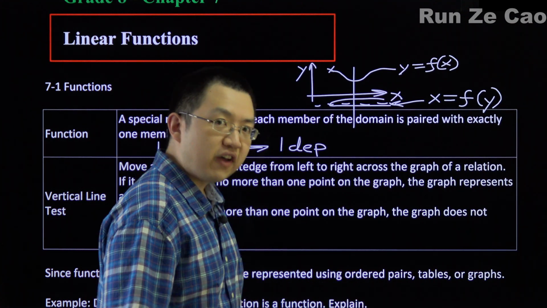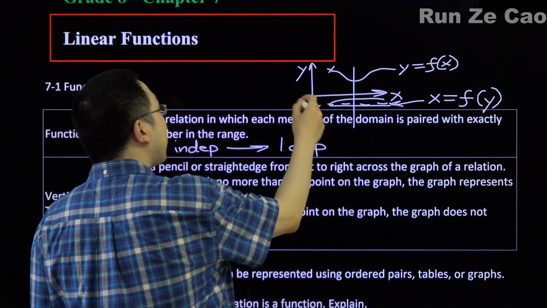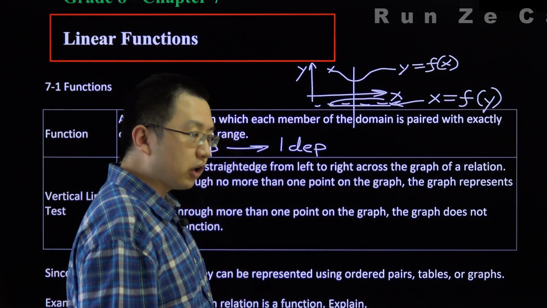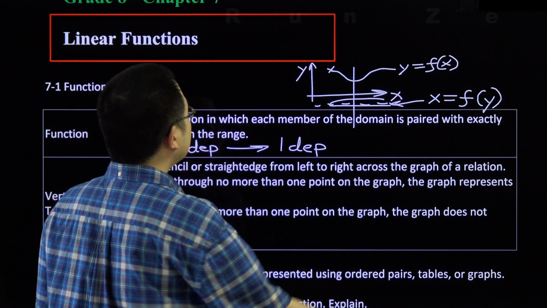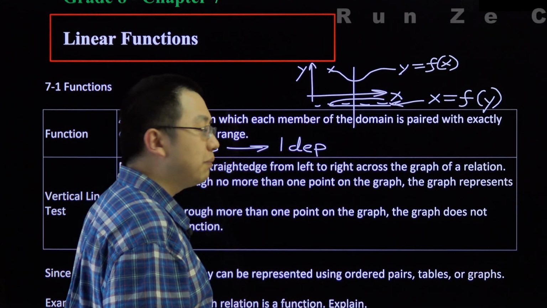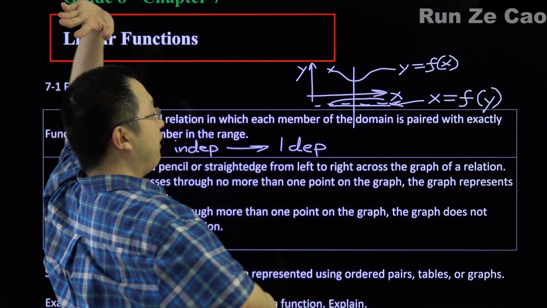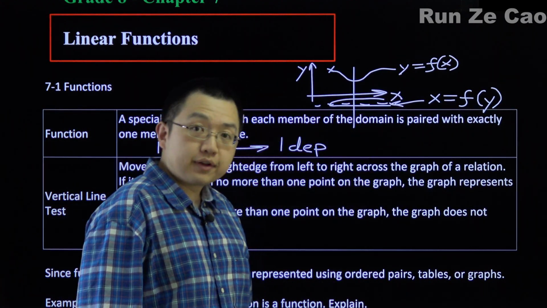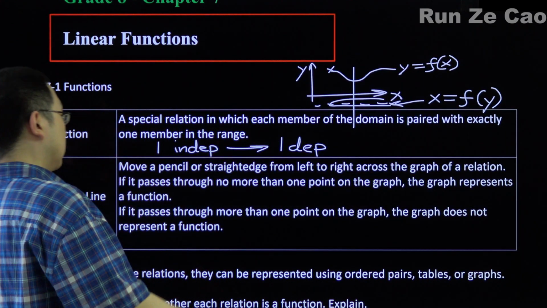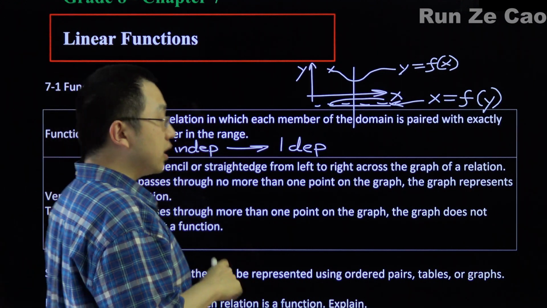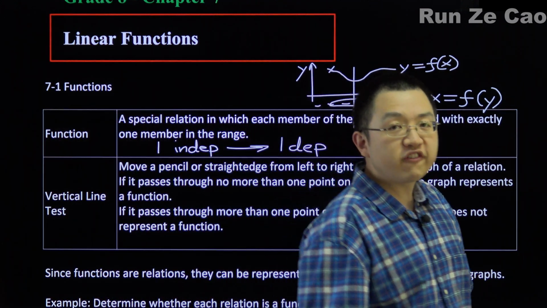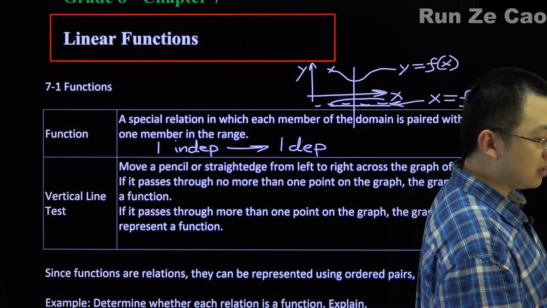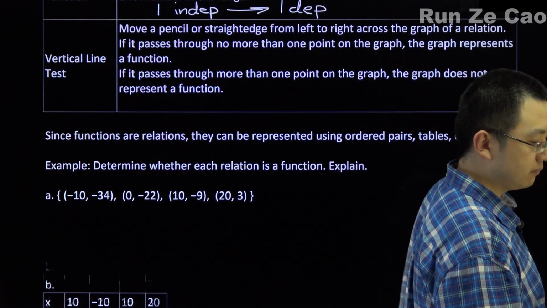But the convention is you graph your independent variable on the horizontal axis and your dependent on the vertical axis. You can change the axis labels if you want. It could be a is equal to a function of b. But for our purposes, generally we go with x is the default independent variable and y is the default dependent variable.